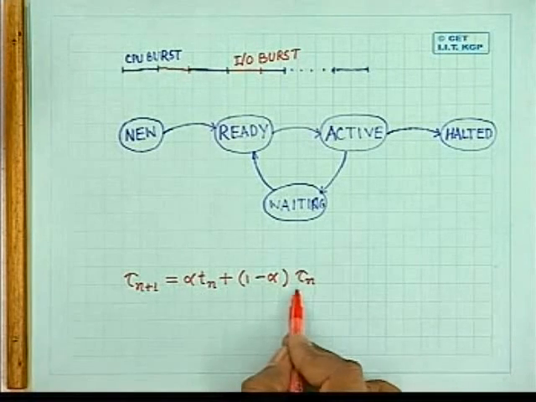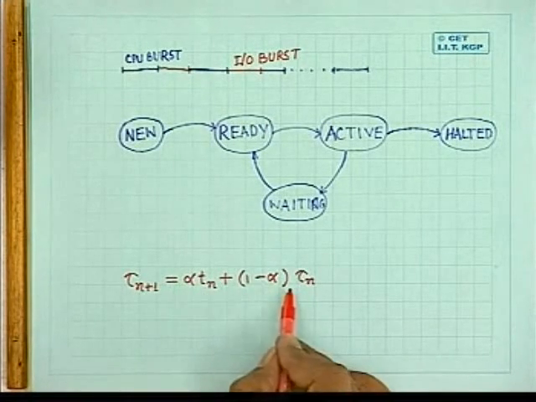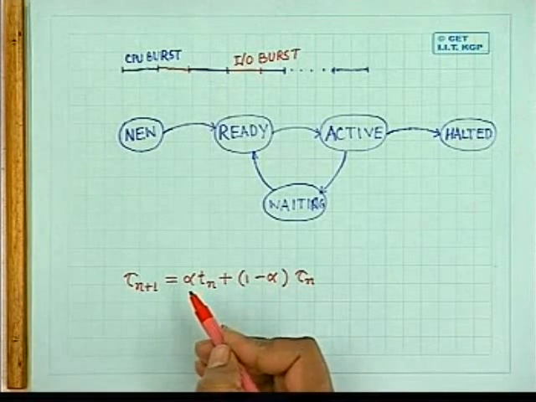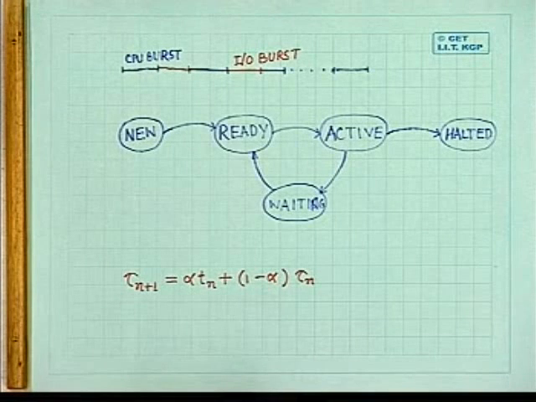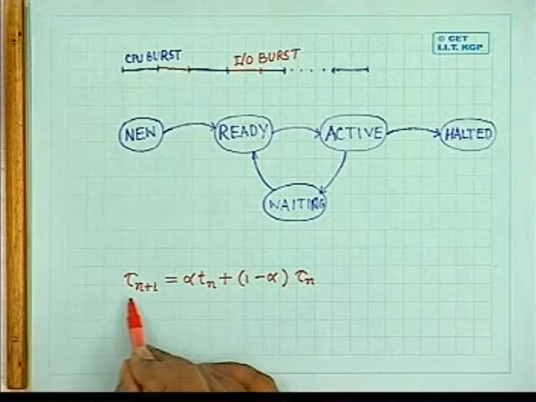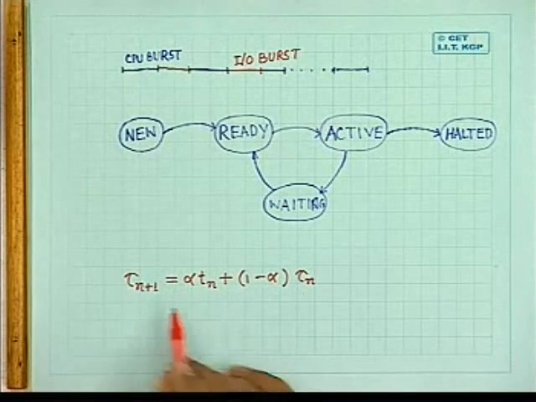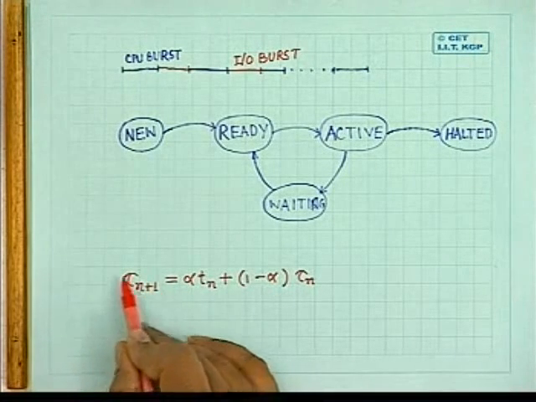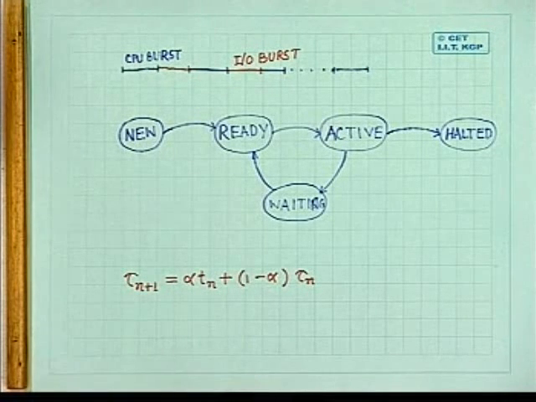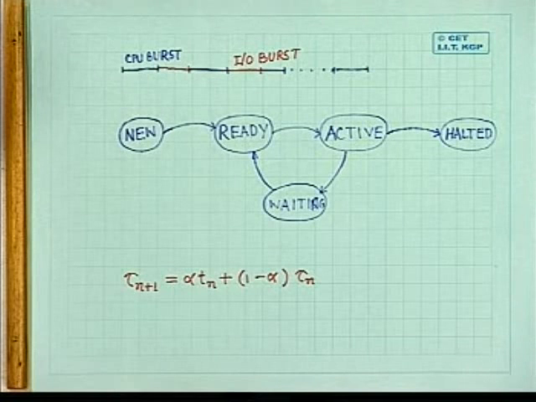You take a weighted average of these two to give you the predicted next CPU burst of the job. So once we can predict this, I can use this predicted CPU burst duration to be used by the SJF algorithm.